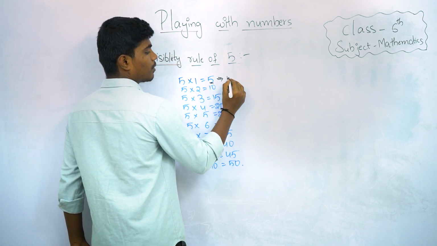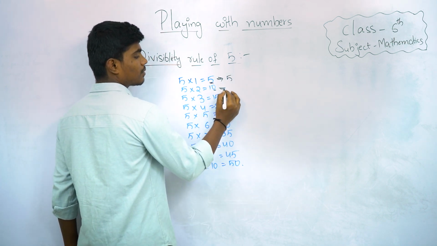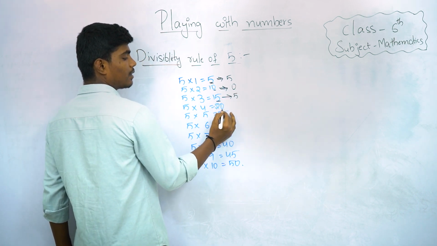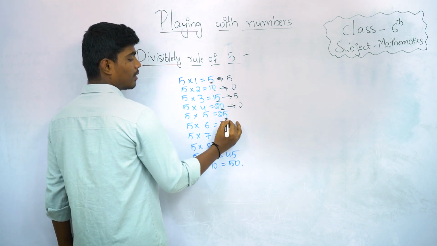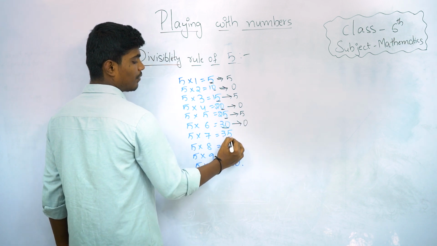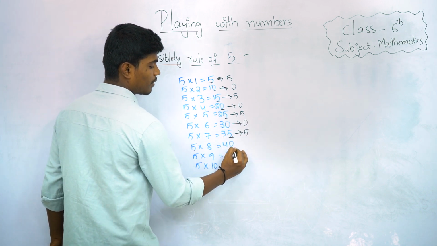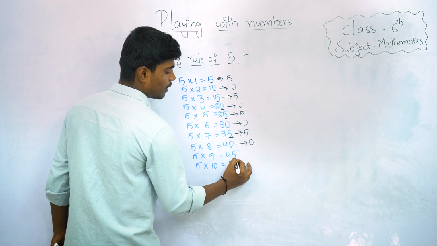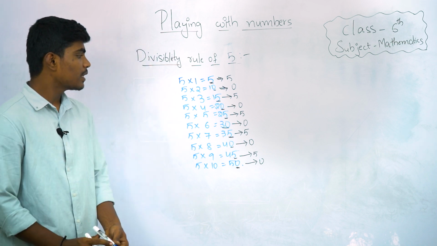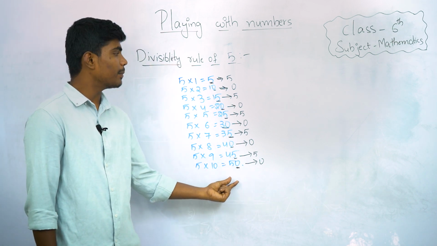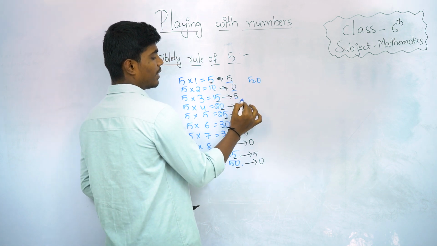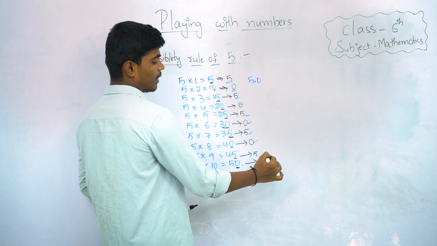See here, if you observe the ones place of each number: in 5 the ones place is 5, in 10 it is 0, in 15 it is 5, in 20 it is 0, in 25 it is 5, in 30 it is 0, in 35 it is 5, then 0, then 5, then 0.